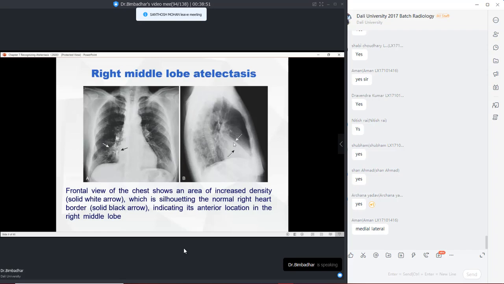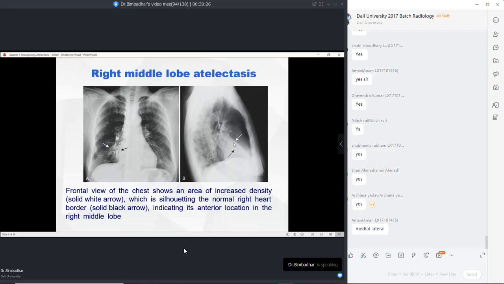So what is the relation? The minor fissure divides the lower part of the right upper lobe and the upper part of the right middle lobe. Point number one. Point number two, the oblique fissure or the major fissure divides the lower part of the right middle lobe and the upper part of the right lower lobe.